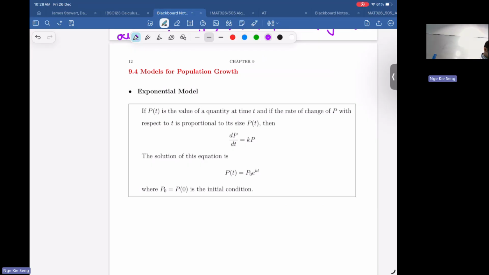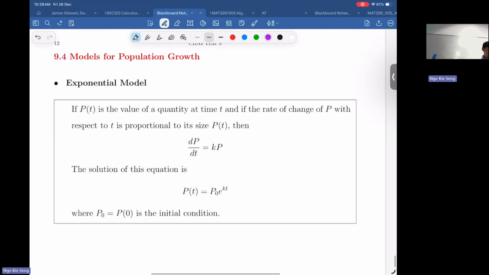Okay, so first is the exponential model. I think we met this already, but we want to make it more precise here.